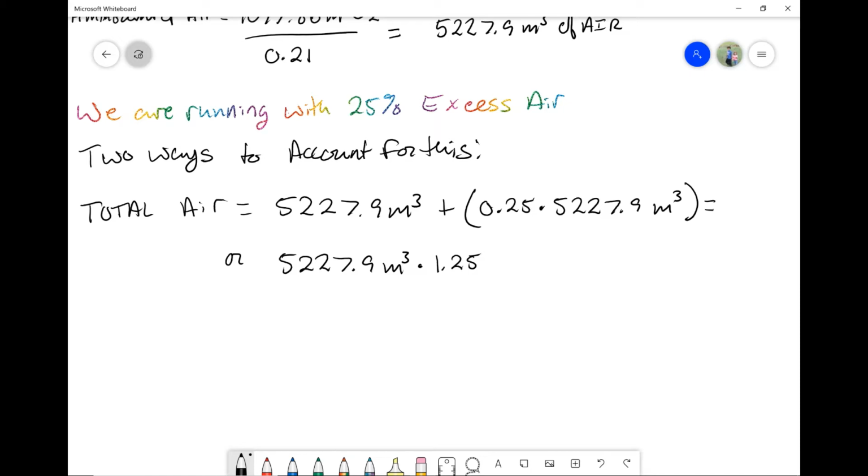And sometimes this one's a little bit easier. The top one is easier for students to get because this is the 25% excess. Or you could just multiply it by 1.25, and that's the same as this operator.